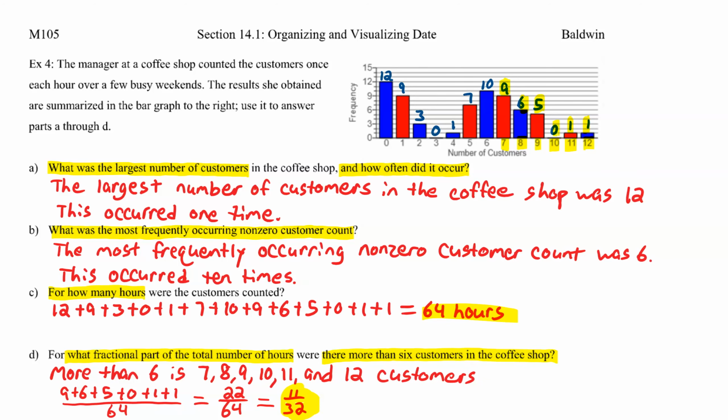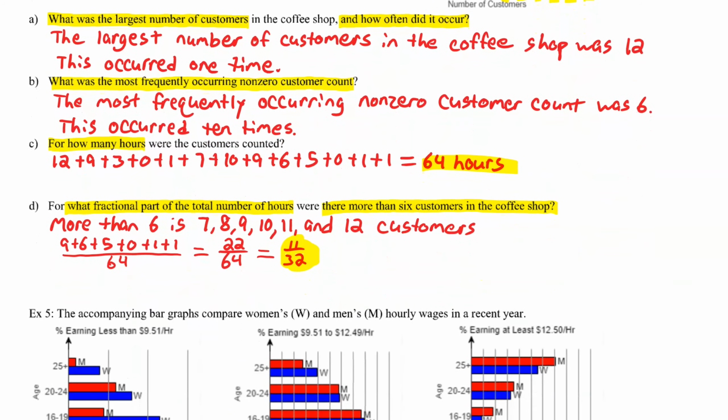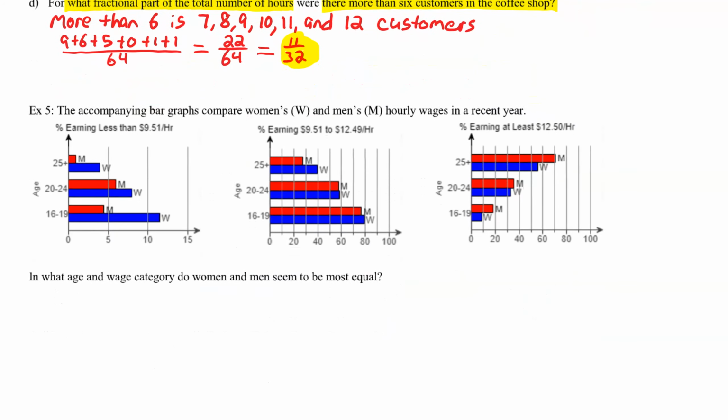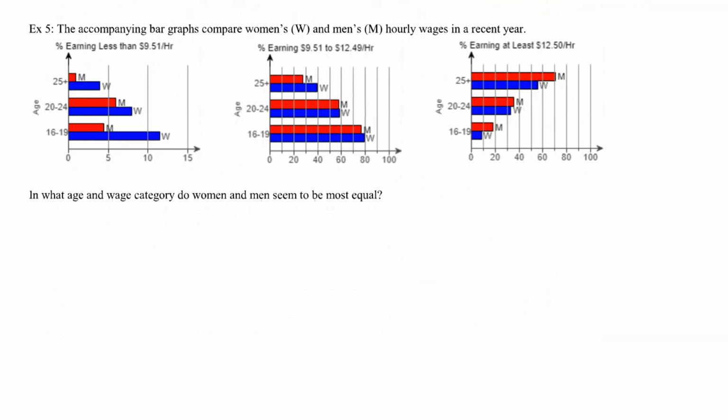The last question we have in this section gives us some more bar graphs to compare. It says the accompanying bar graphs compare women's and men's hourly wages in a recent year. We want to know, in what age and wage category do women and men seem to be most equal?